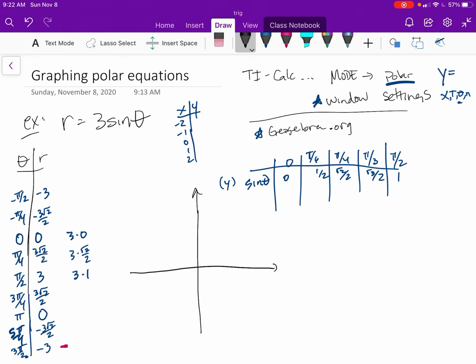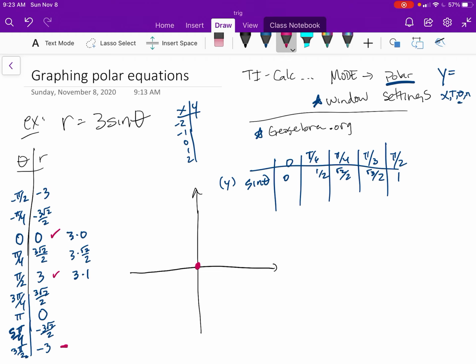I don't know if it's going to go down in quadrants 3 or 4, or my thought is I think it stays in quadrants 1 and 2. Let's check it out. Let's graph a few of these easy ones. 0, 0. Remember, that's not x, y, that's the angle 0, and I have a radius 0. Pi over 2, 3. Let's graph that one.